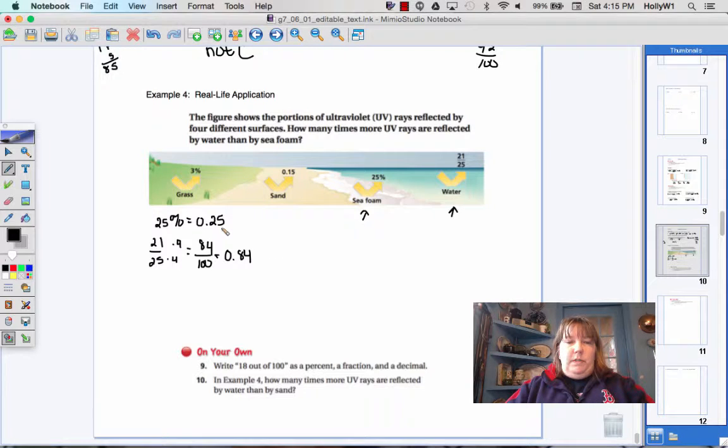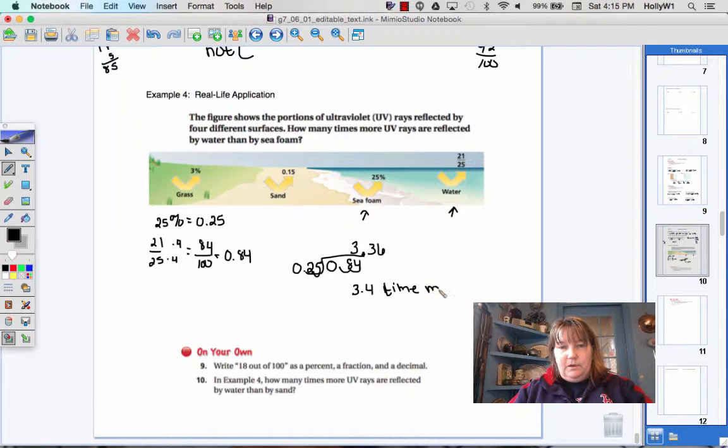So now to figure out how many more times this is than that, we're going to divide 0.84 by 0.25. And you move the decimal place over 2. Through the magic of a calculator, it ends up being 3.36. So we can round it up and say that is 3.4 times more UV rays are reflected.